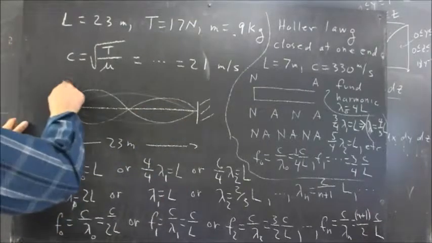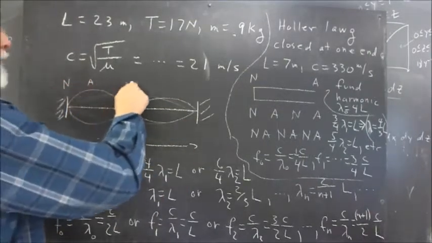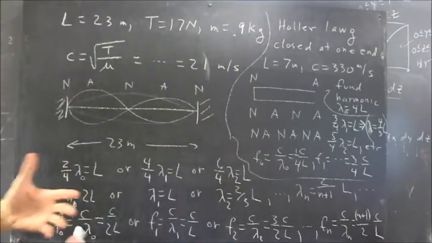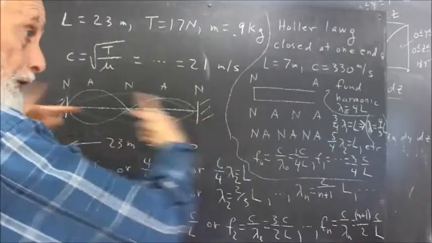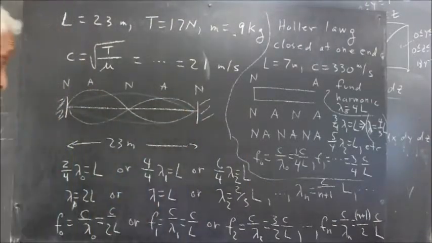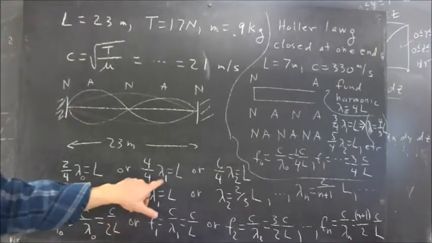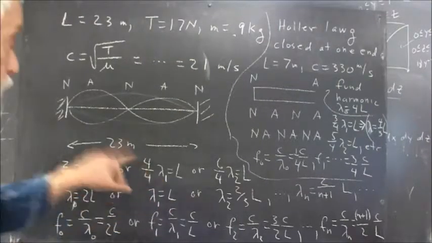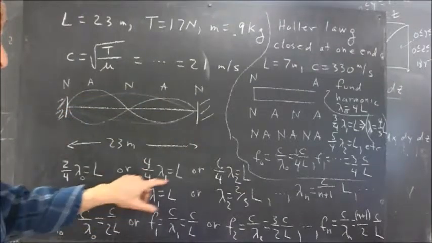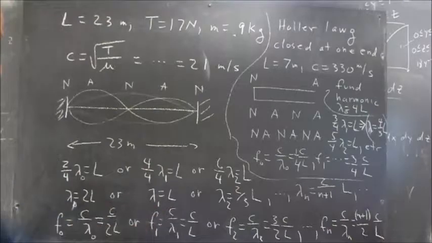That corresponds to node, antinode, node, antinode, node. And that is a behavior that comes out of the picture that we get from reflecting waves, if the length is just right. So we get lambda 1 would equal L, because there are 4 quarter wavelengths there. 1, 2, 3, 4. 4 quarter wavelengths equals L, so lambda 1 equals L.